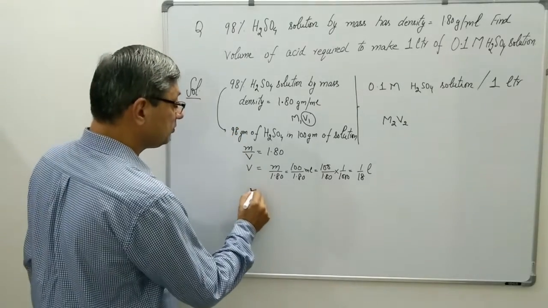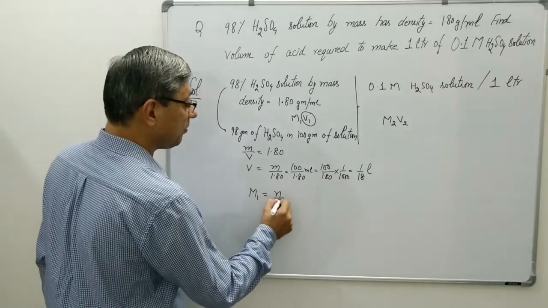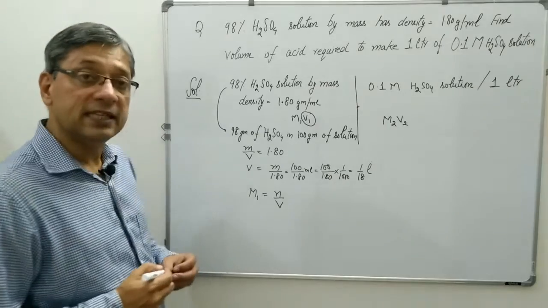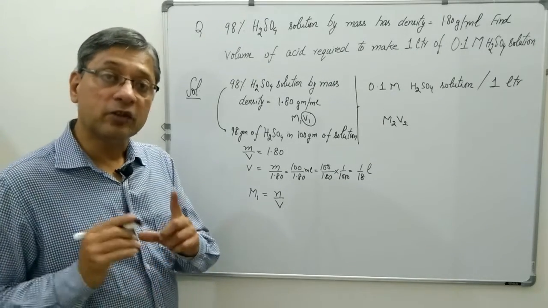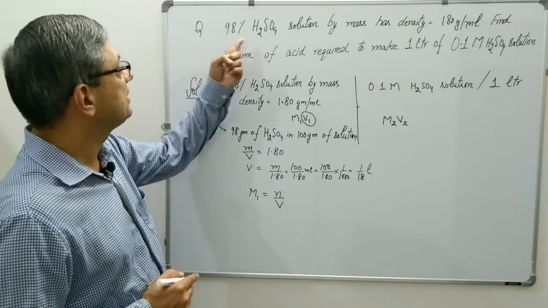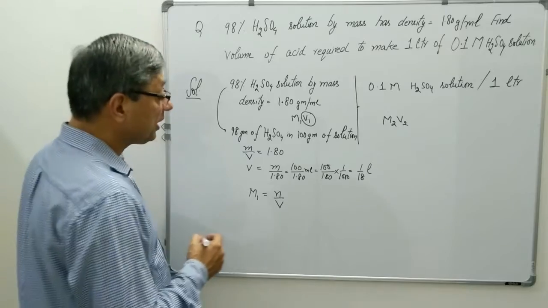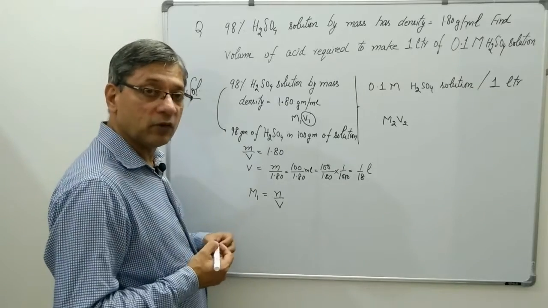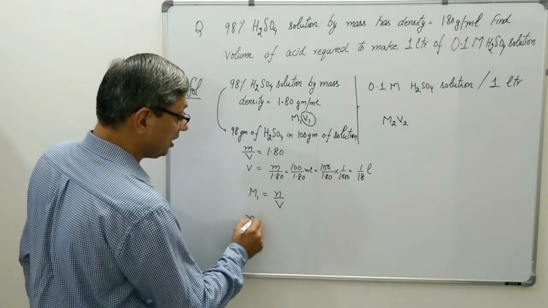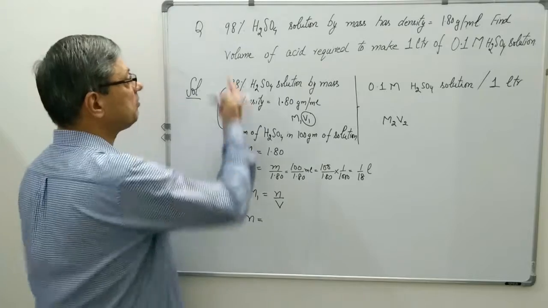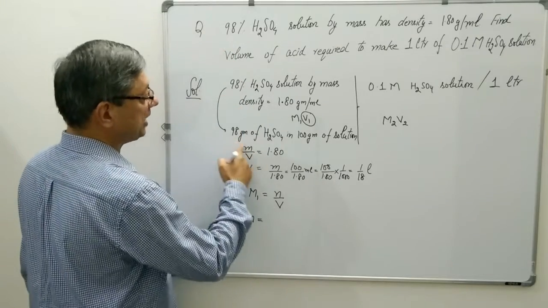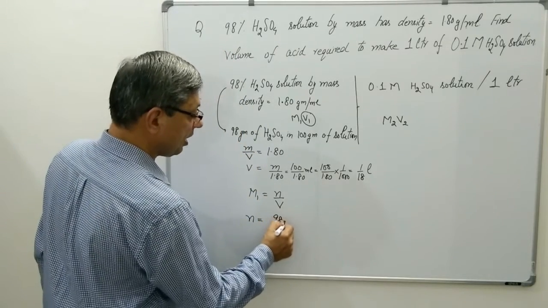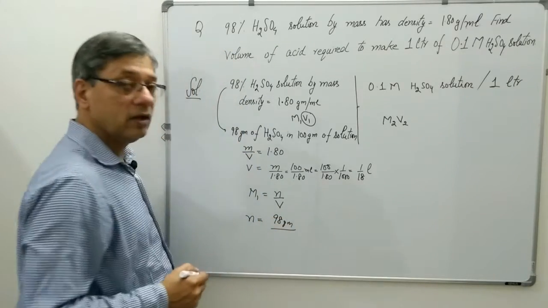Now we have to find molarity. Molarity formula we know, number of moles upon volume in liters. Number of moles of solute. Solute here is sulfuric acid. Sulfuric acid, number of moles, how can we calculate? Again the formula, given mass of the compound, we are given how much? 98 grams upon molar mass of compound.